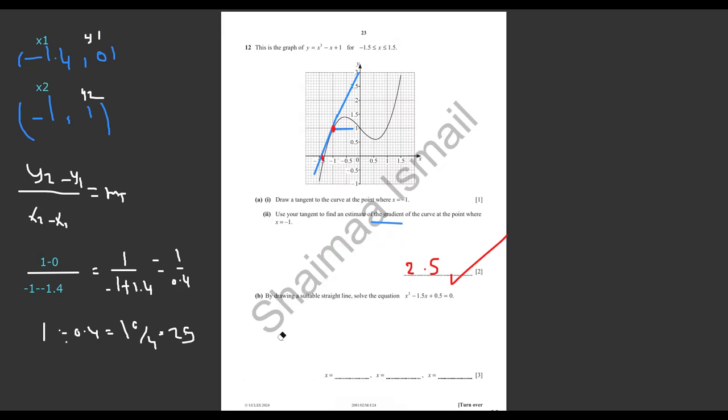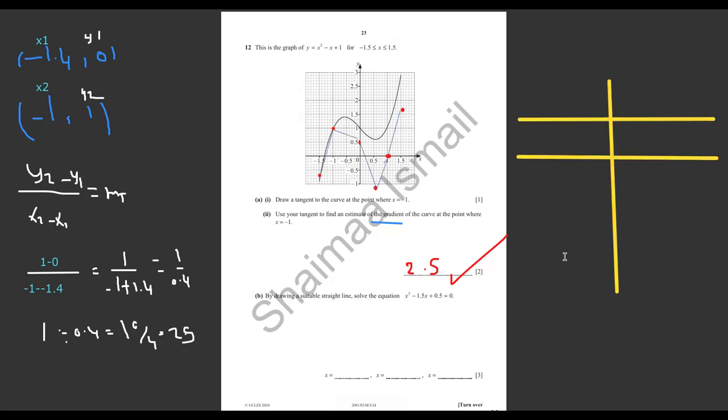Okay, so by drawing a suitable straight line, solve the equation x cubed minus 1.5x plus 0.5. So we are going to start to draw this. For this question, we have to draw accurate points for x.